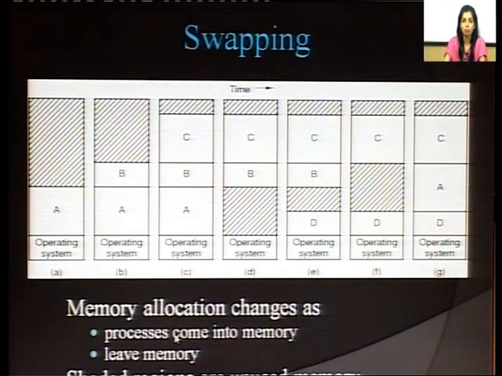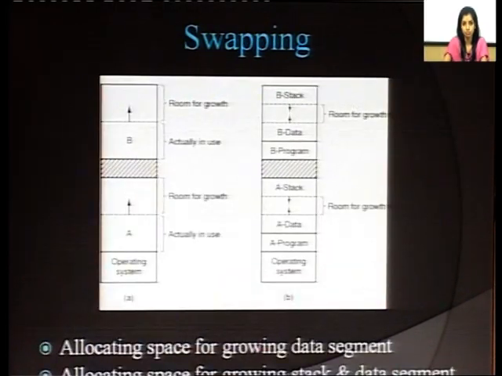Memory allocation changes as processes come into memory and leave memory, that is swapping. Swapping can increase or decrease. In this way we have only two processes and one operating system. These two processes may grow more.